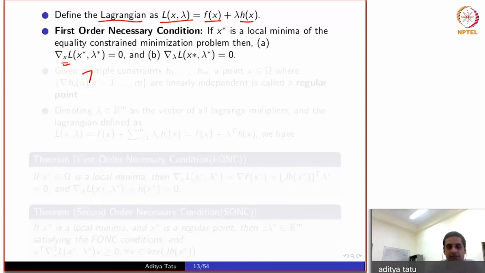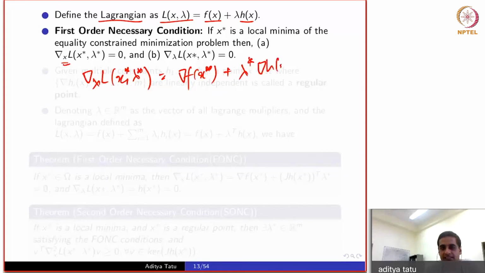Why? Because gradient x of L at x star, lambda star is nothing but gradient f(x star) plus lambda star gradient h(x star). This we already intuitively proved must be 0.